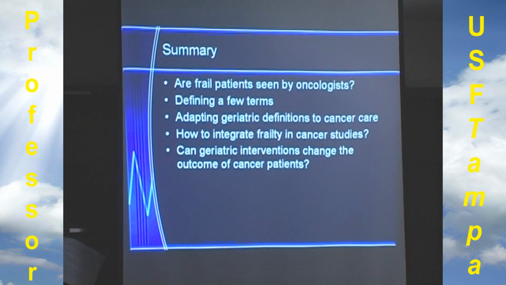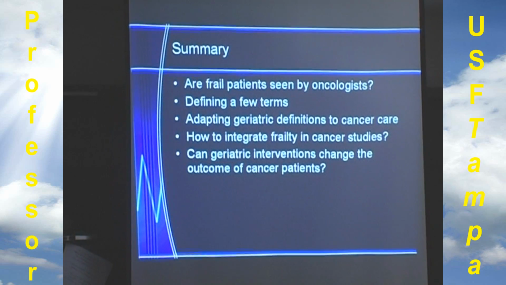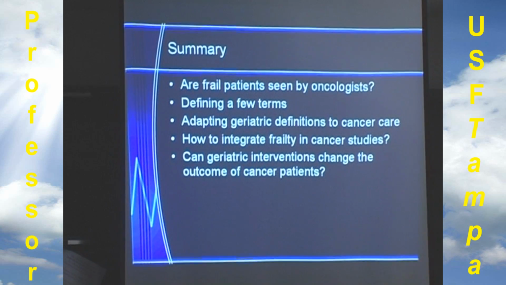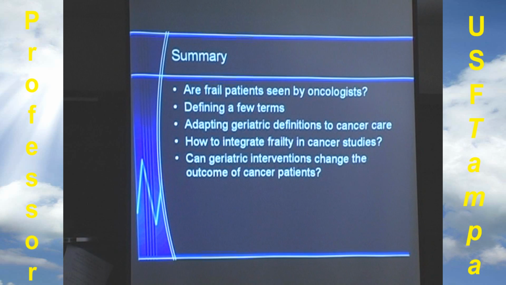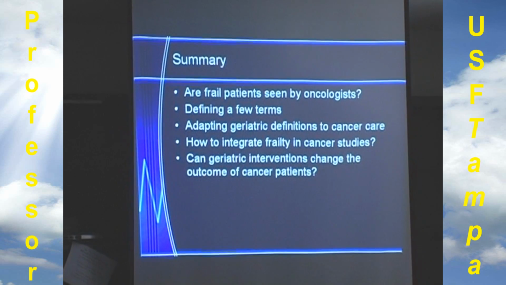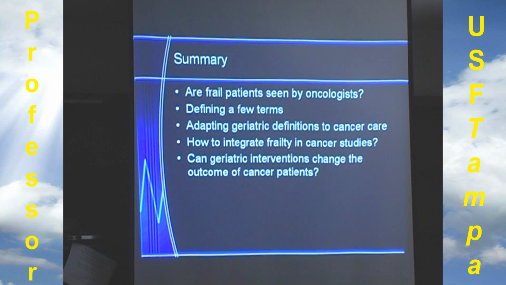So first, I think we need to ask the first question: are frail patients seen by oncologists? Because you may make an assumption that frail patient is something you find in nursing homes or close to it, and they never make it to an oncologist. So we need first to make sure we speak of the same population. I will define a few terms as far as frailty is concerned, so that we all speak on the same basis.